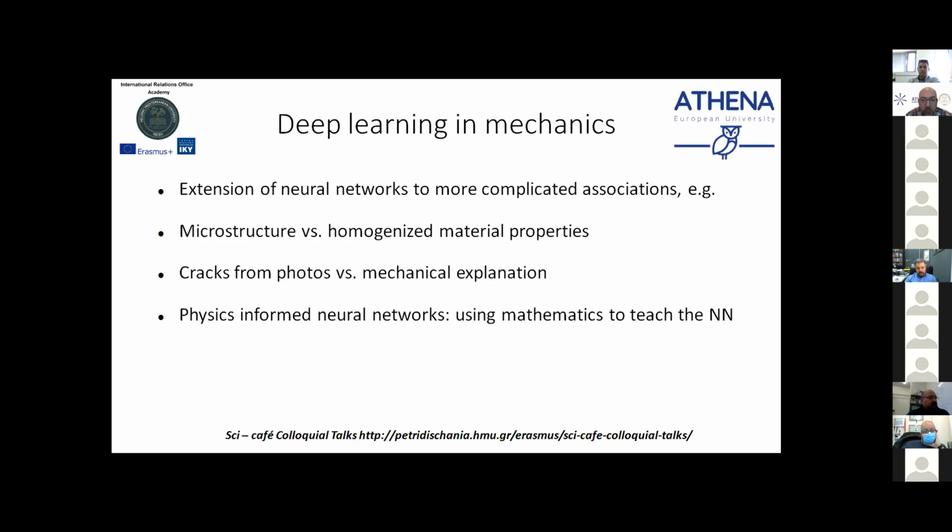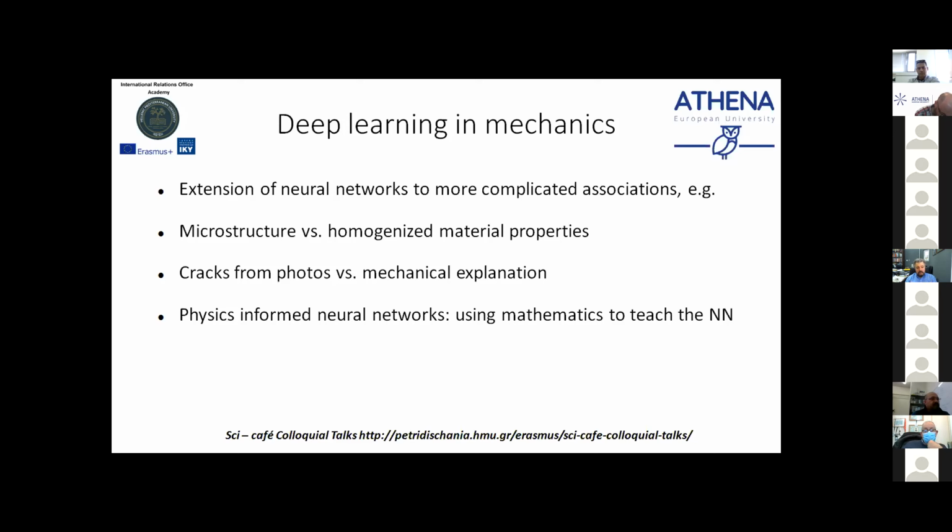Well, if we're talking of more complicated problems, we can think of using neural networks to approximate more complicated associations, more complicated relations. For example, to correlate the microstructure with the homogenized material properties in a composite, or to take directly the picture from an electron microscope and then process it by using this technique and find the homogenized mechanical properties, whatever.